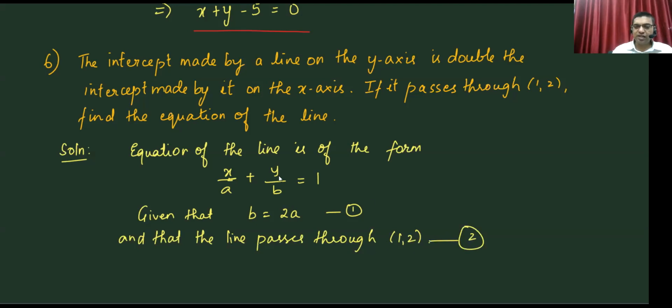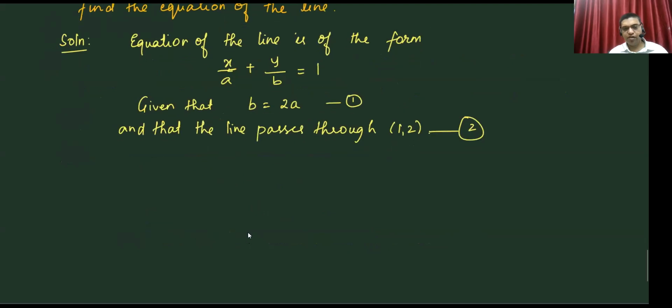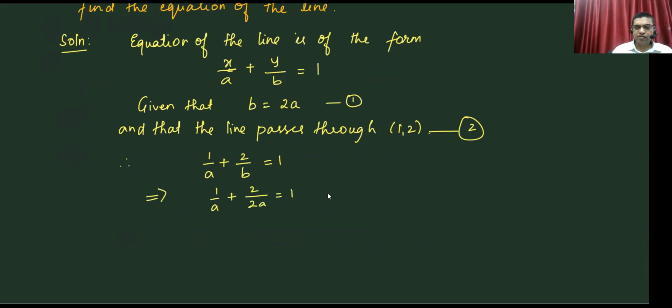So 1 comma 2 must satisfy the given equation. Therefore, substitute 1 comma 2: 1 by a plus 2 by b equal to 1. Applying the second condition, put the first condition in this: 1 by a plus 2 by 2a equal to 1.